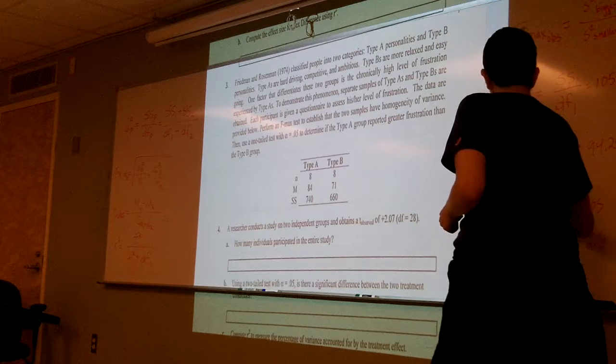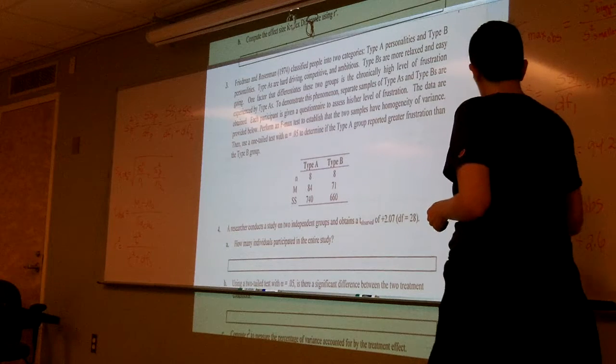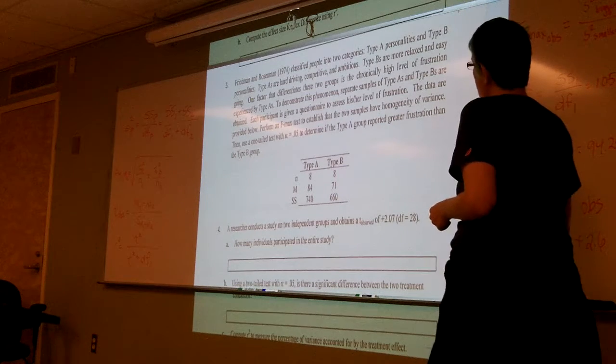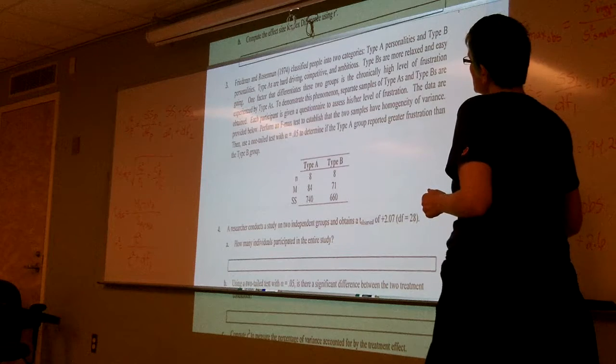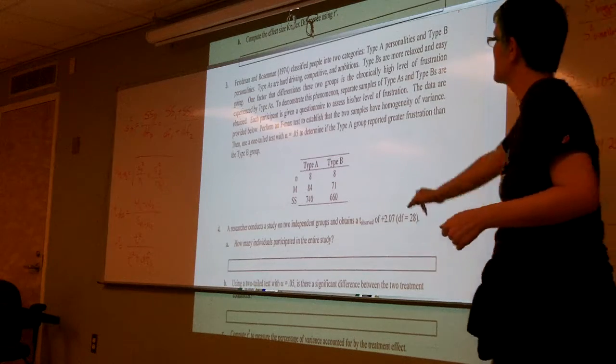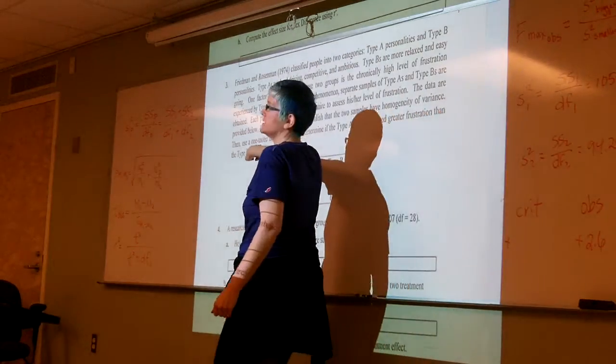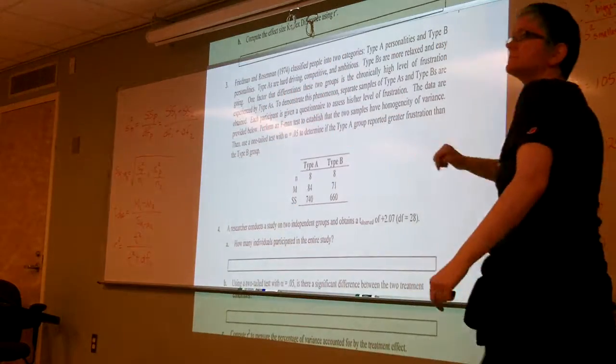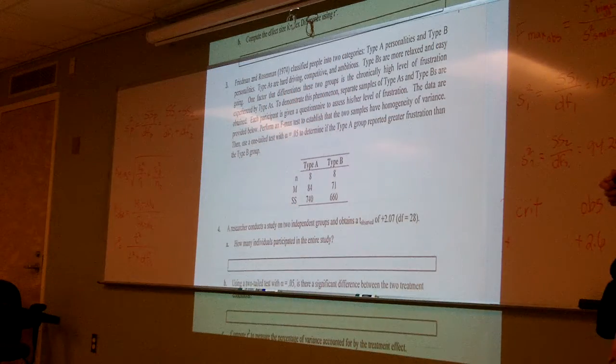And our critical value, did we figure out what our critical value is? One-tailed test, so it's going to have to be a positive value. One-tailed, 0.05. Degrees of freedom pooled, we figured out was 14.